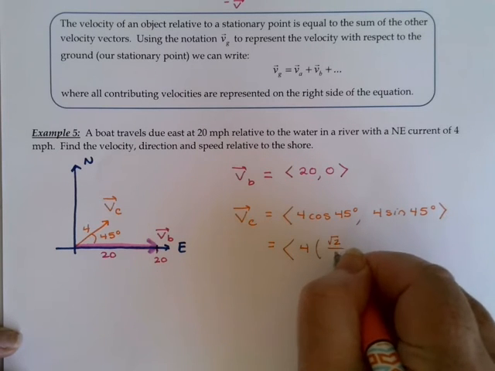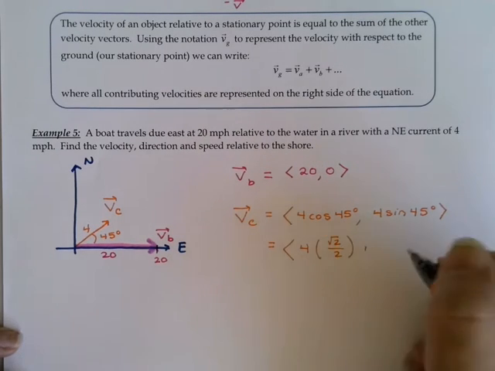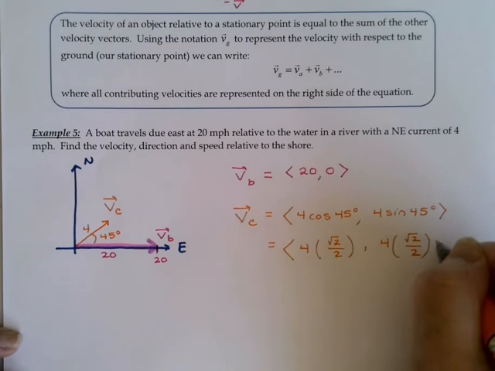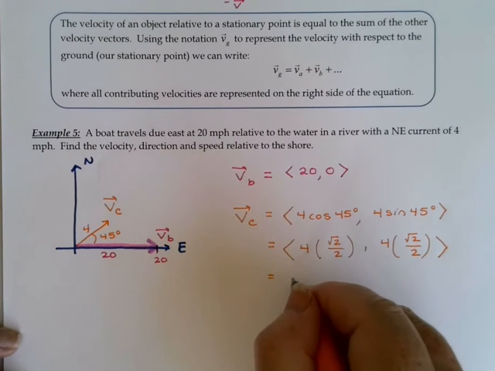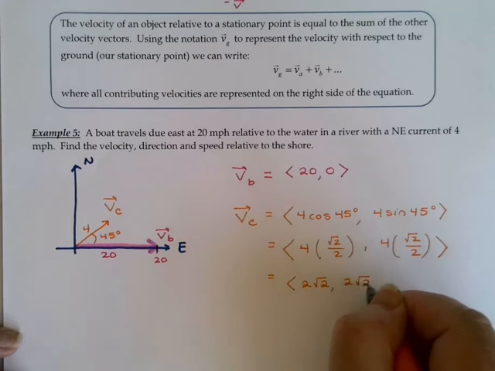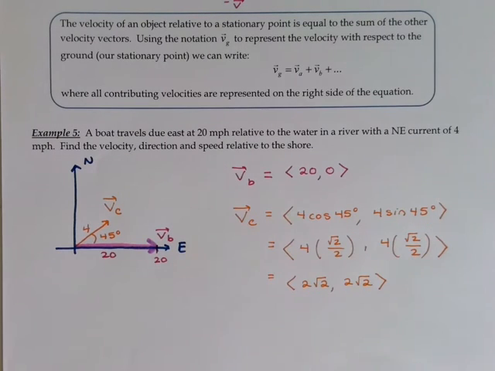Since those are just unit circle values, I know the cosine and sine for 45 degrees is the square root of 2 over 2. And so I've just got 2 square root 2 and 2 square root 2, as my VC.